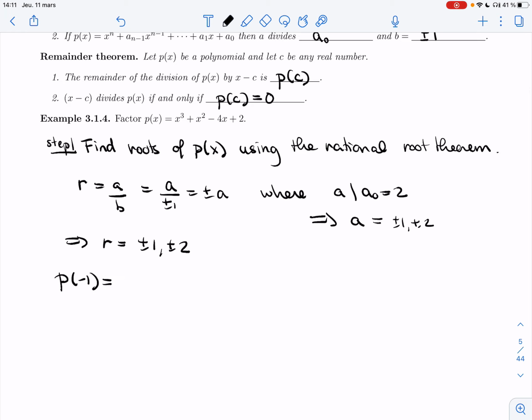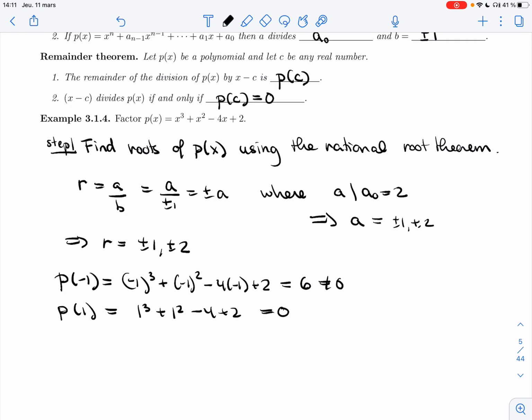P of minus 1 is minus 1 cubed plus minus 1 squared minus 4 times minus 1 plus 2. That gives me minus 1 plus 1, 0, plus 4, that gives me 6. It isn't 0, so that's not a root. If I try P of 1, I get 1 cubed plus 1 squared minus 4 plus 2.